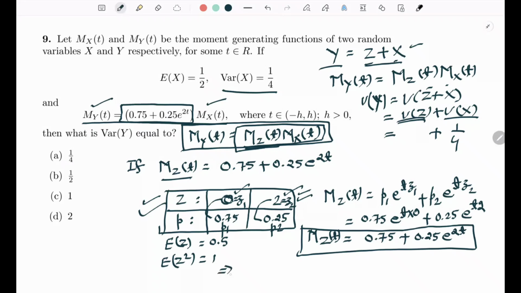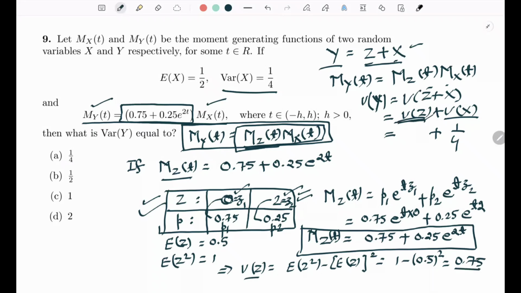So the variance of Z is the expected value of Z square minus the expected value of Z whole square. So this will be 1 minus 0.5 square, which is 0.25. If we subtract 0.25 from 1, we get 0.75. So the variance of Z is 0.75.